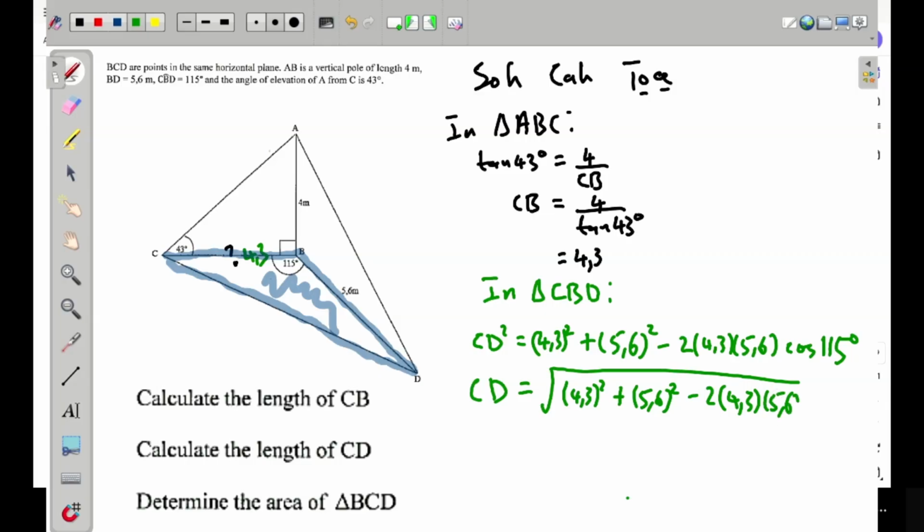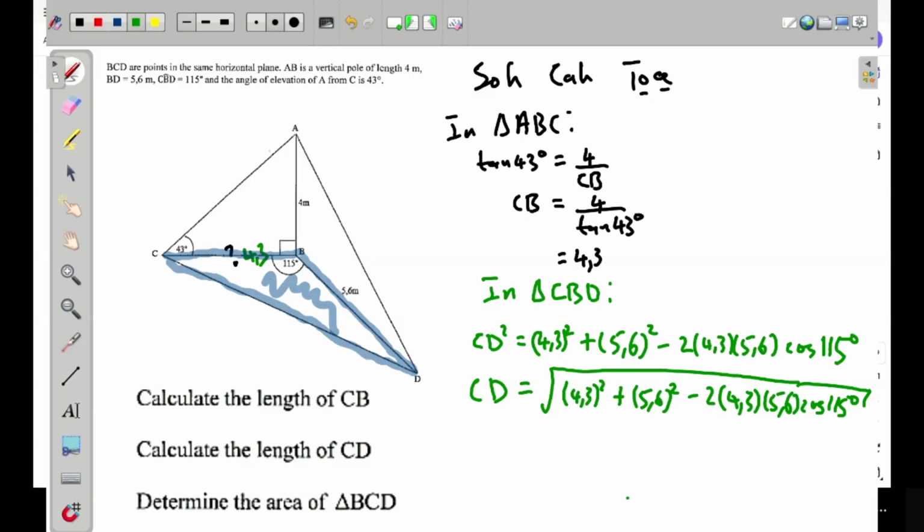You might as well do this. That's cos 115. There we go. So let's hold this in the calculator and see what we've got here. 4.3 squared plus 5.6 squared minus 2 times 4.3 times 5.6 cos 115.